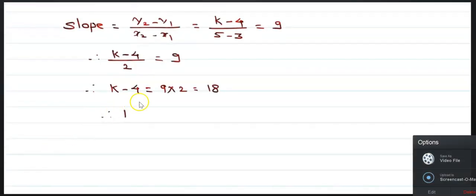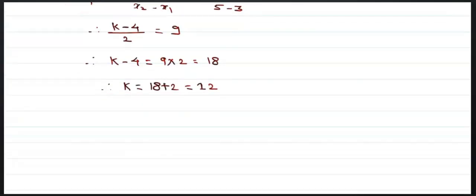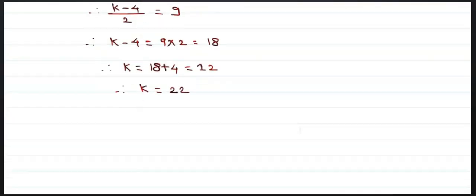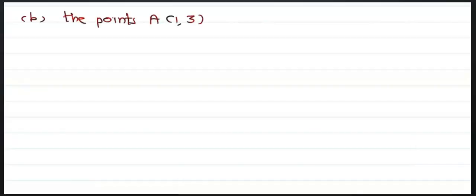Therefore, k minus 4 is equal to 9 into 2, that is equal to 18. 18 plus 4, that is equal to 22. Therefore, k is equal to 22.